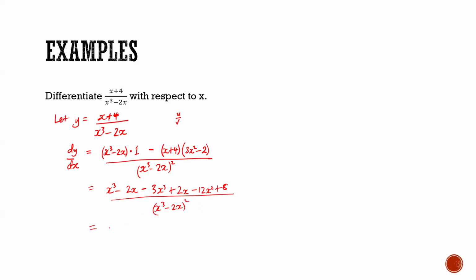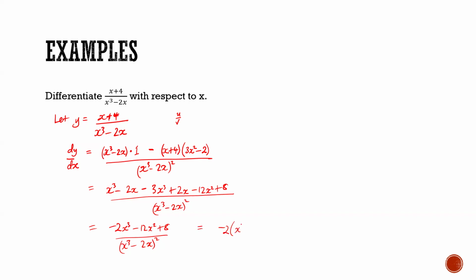What does this give you? You have a minus 2x cubed minus 12x squared and plus 8 out of x cubed minus 2x all squared. You could factor out the 2 from the numerator, or negative 2 if you like.